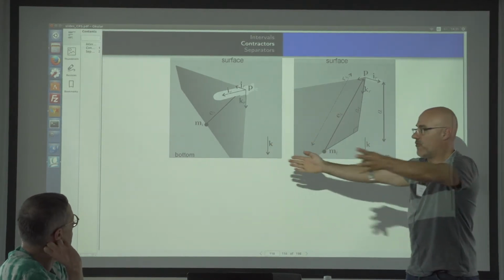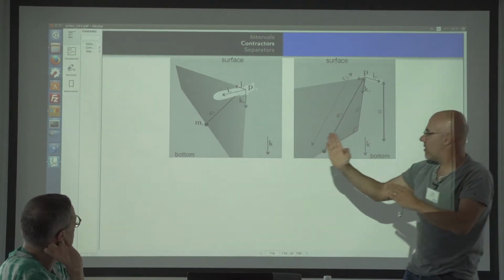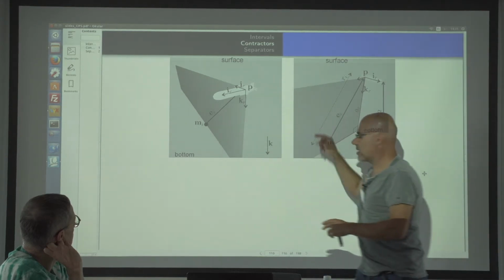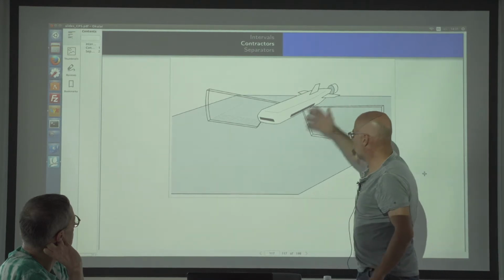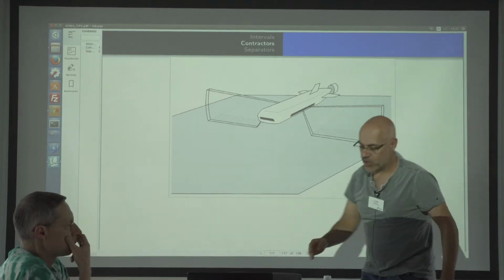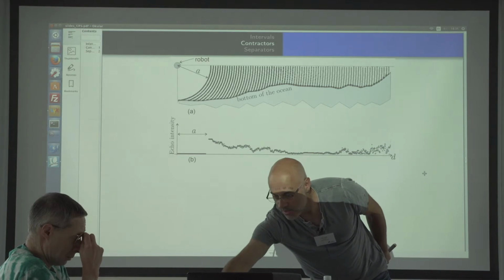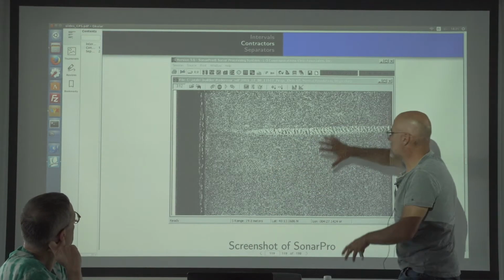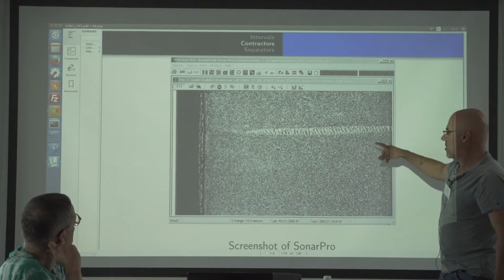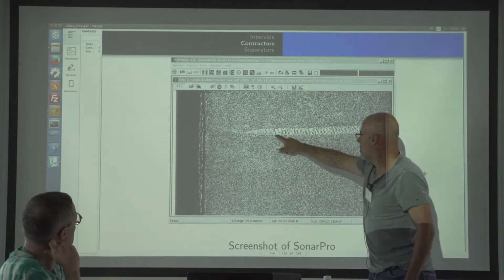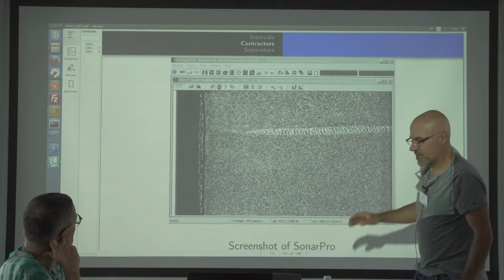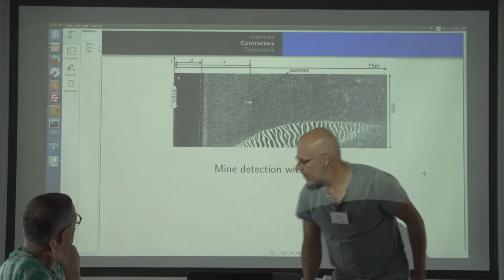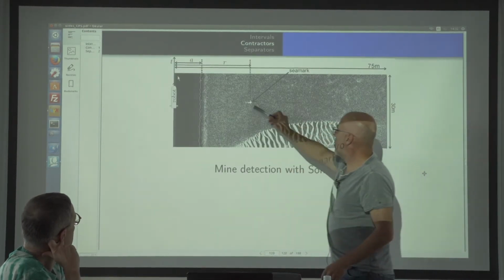So it's not a view like a camera, but like on a thin plane represented here. But since the robot is moving forward, we can construct an image. And the image, with the sound, is this kind of image. With this kind of image, it is able to recognize things, but the quality is not so good, as we can see. But we can see here a mine.